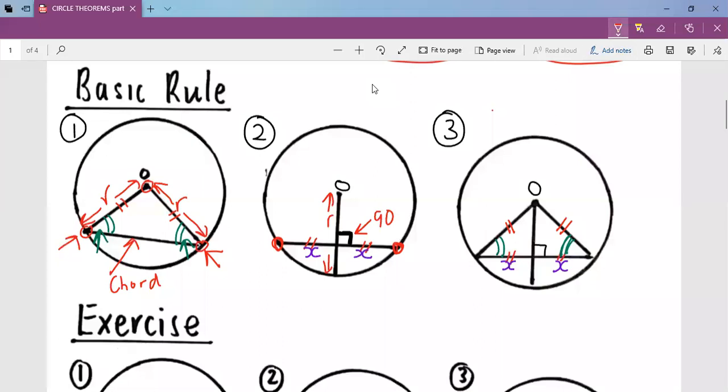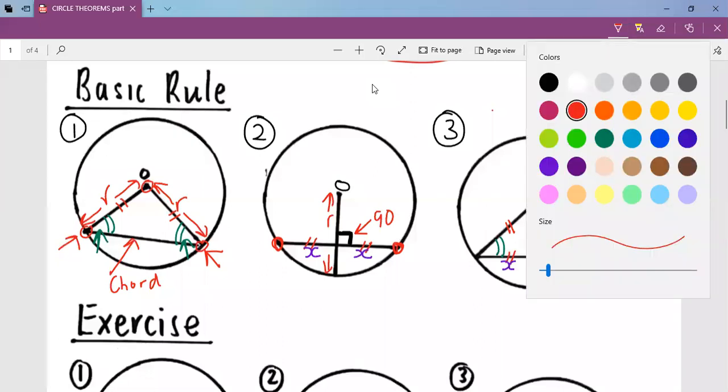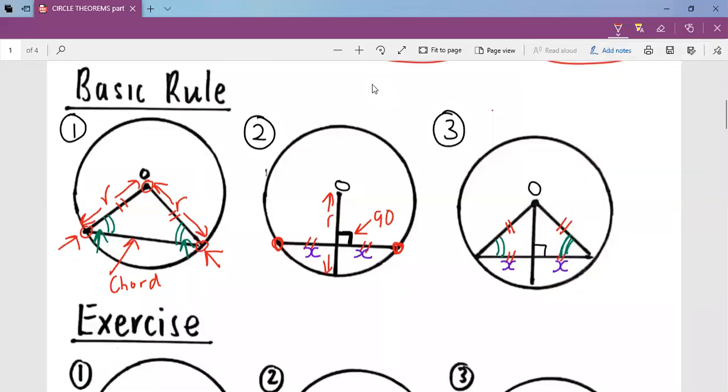Now, look at number 1. Again, look at number 1. When you look at number 1, at the center there is an angle which I am marking brown.